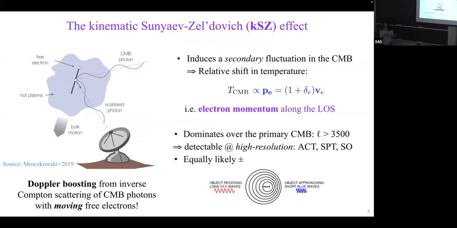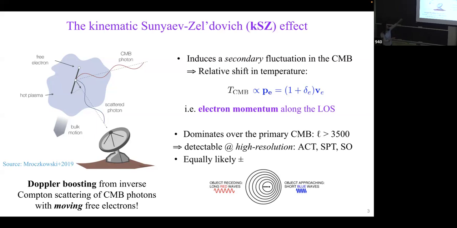Okay, so a super quick intro to the kSZ because everyone might not be working on it here. So the kinematic Sunyaev-Zel'dovich effect, or the kSZ in short, is basically the Doppler boosting of CMB photons when they encounter free electrons in the intervening large-scale structure as they travel towards us.